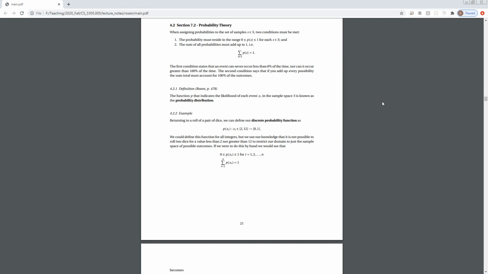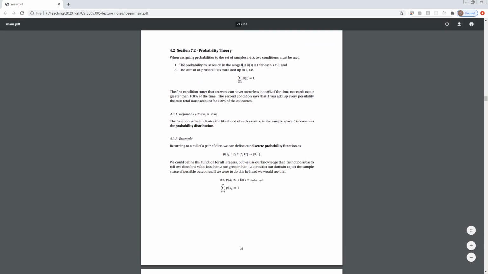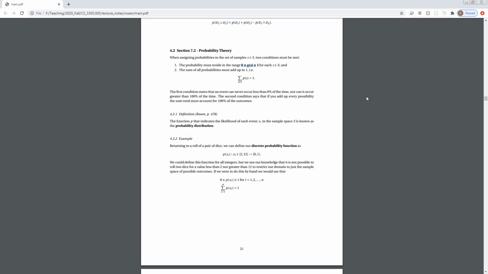So now, probability theory in general basically says that if you have a sample space, whether it's the physical characteristics of pea plants or the roll of dice, then the probability of the outcomes is never less than 0% and never greater than 100%.